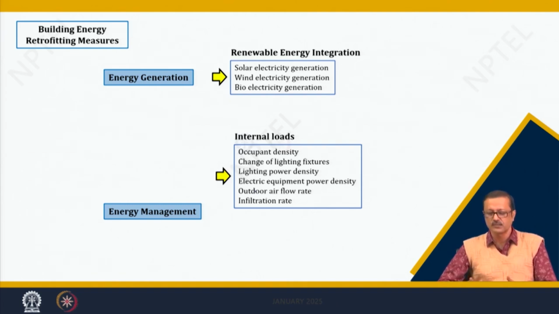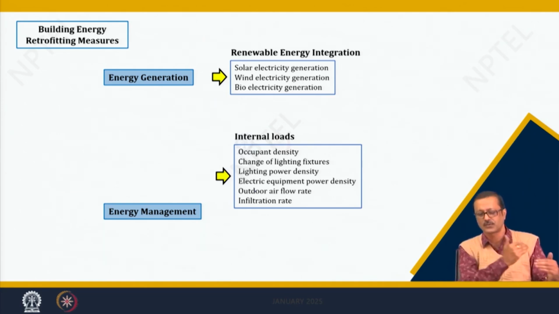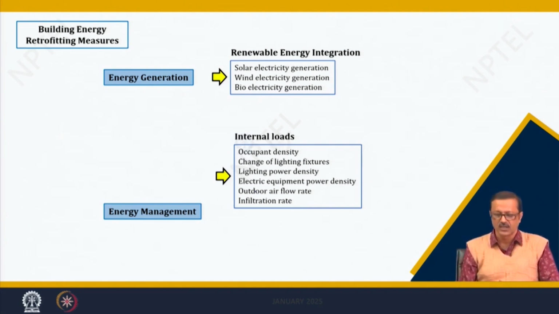The electrical equipment power density also can be changed by replacing old equipment with new and efficient equipment. Outdoor airflow, as I have told you, the mixing of the outdoor air and the indoor air can be changed, because you always require a fresh air entry, but how much has to be optimized to reduce the energy requirement.